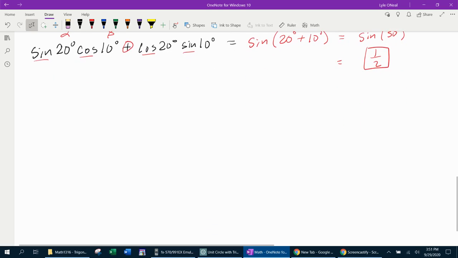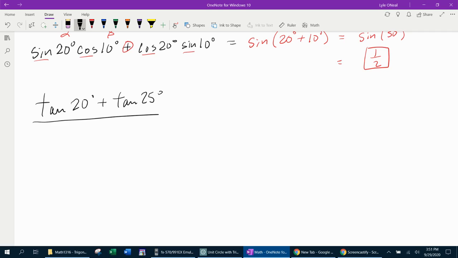All right, next problem. Let's say that we have tangent 20 plus tangent 25 all over 1 minus tangent 20 tangent 25. And here they're going to say find the exact value using a sum or difference formula.